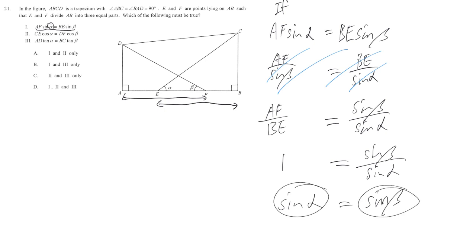The only possibility is alpha equal to beta in this situation. However, this line is obviously smaller than this line. So we know that sine beta should be smaller than sine alpha, which contradicts the condition. So the first statement is wrong.